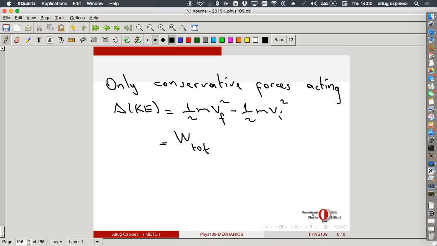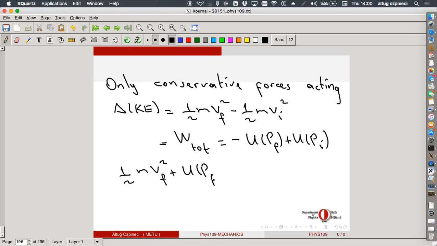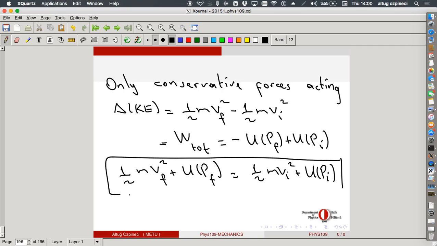But if there are only conservative forces acting on my system, this total work I can always write as minus U, a function of the final point, plus U, a function of the initial point. And we could also say that the kinetic energy plus this potential energy at these two different points are equal. So this is what we call a conservation law.